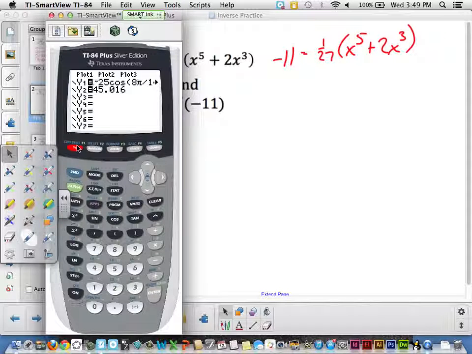So we will go 1 over 27 times x to the 5th plus 2x cubed.